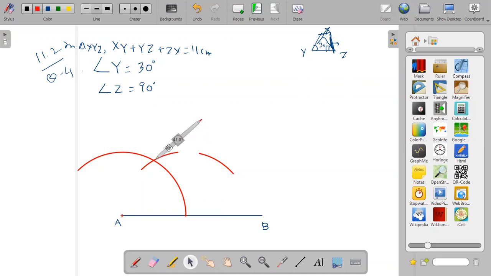And from this point, this will be 30 degrees. This will be your 30 degree angle. Okay, this is your angle 30 degrees. So draw a line joining this point, you get the 30 degrees.